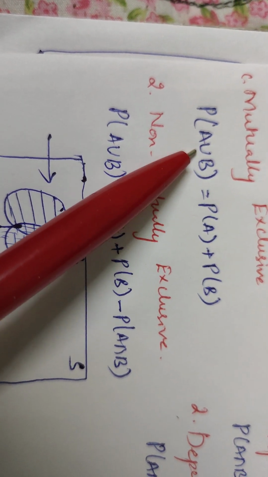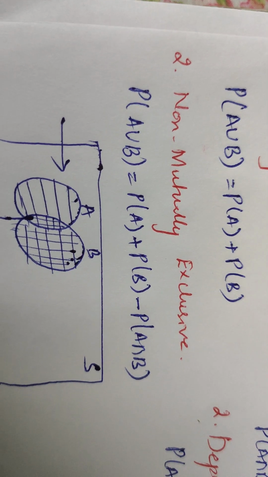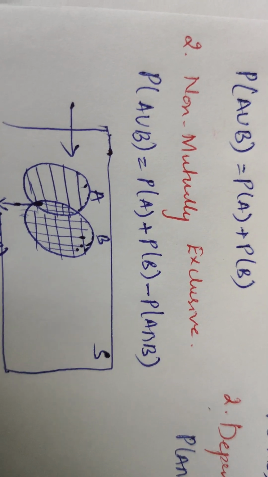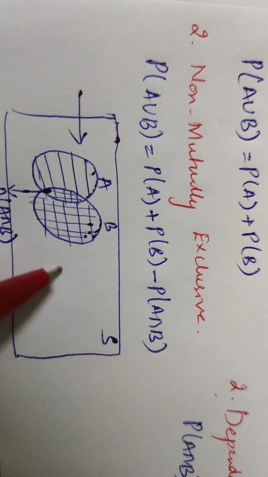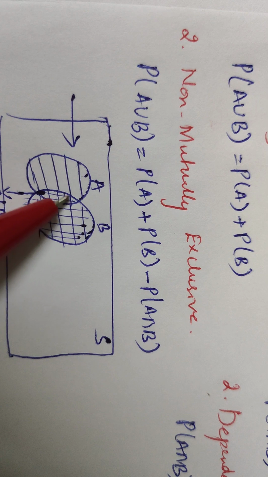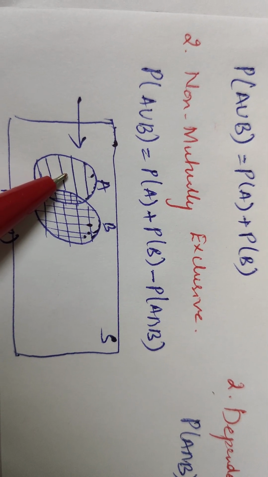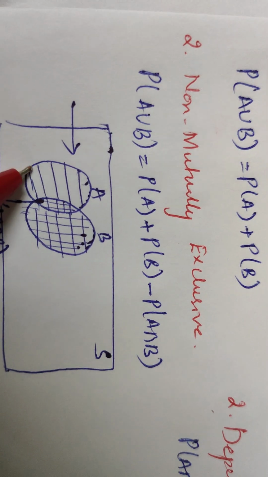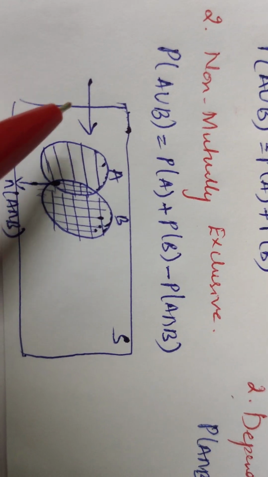So this is union. Now coming to non-mutually exclusive events. If you see this Venn diagram, for the occurrence of event A, what do we have to do? A minus B. Yes or no?